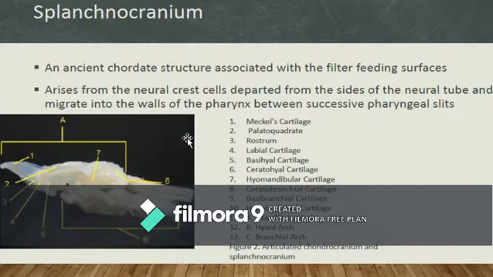We have Meckel's cartilage, palatoquadrate, rostrum, labial cartilage, basihyal cartilage, ceratohyal cartilage, hyomandibular cartilage. There are 13 associated with the splanchnocranium.